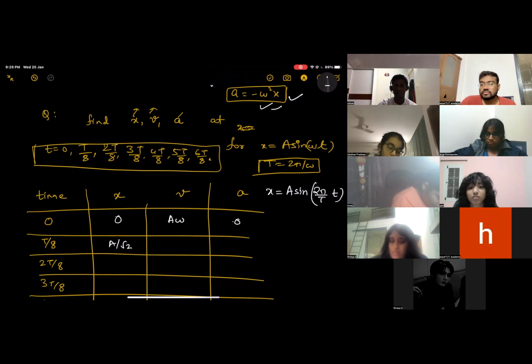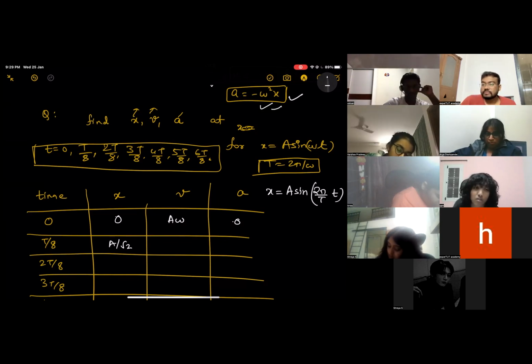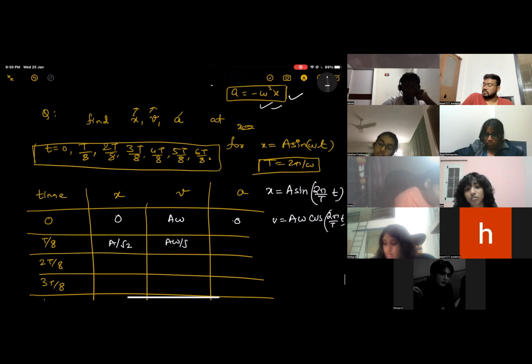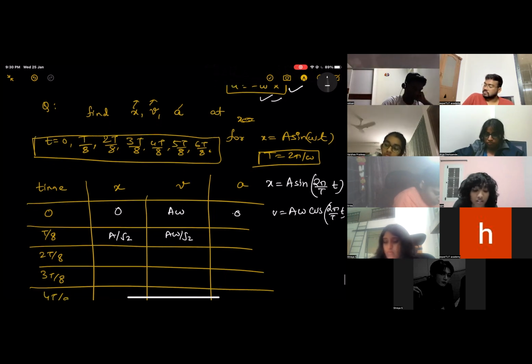And velocity would be a omega by root 2, because cos of 45 degrees is 1 by root 2. Velocity is a omega cos of 2 pi by T times T by 8, which is cos pi by 4, so a omega by root 2. And acceleration is minus omega square a by root 2.